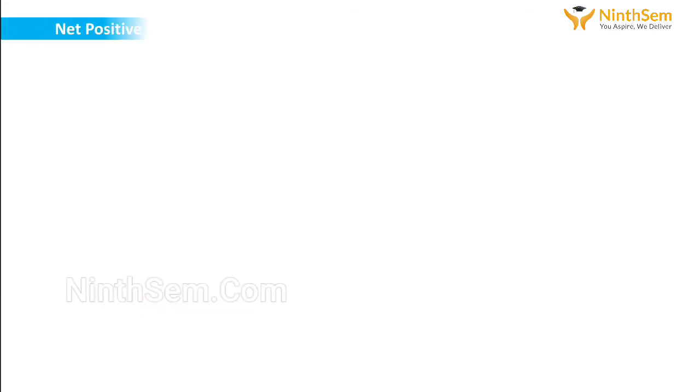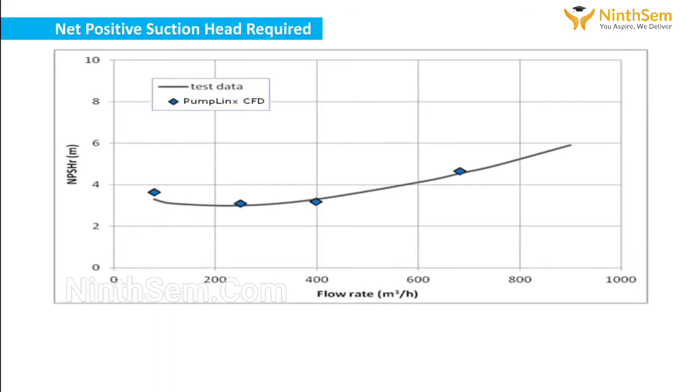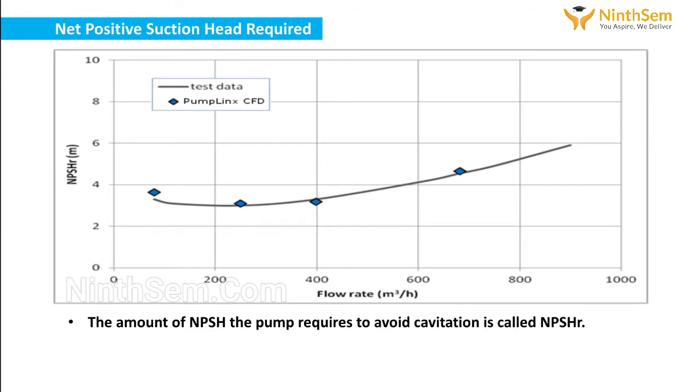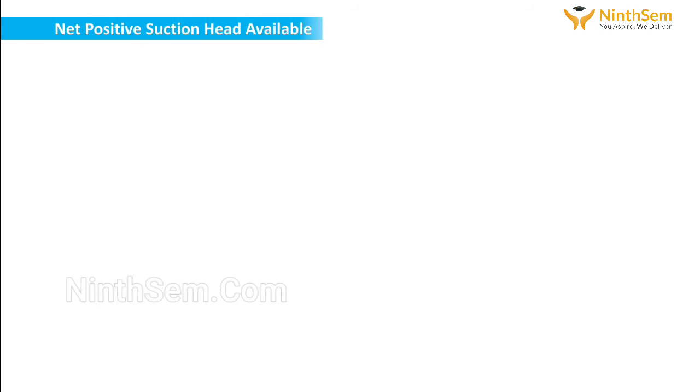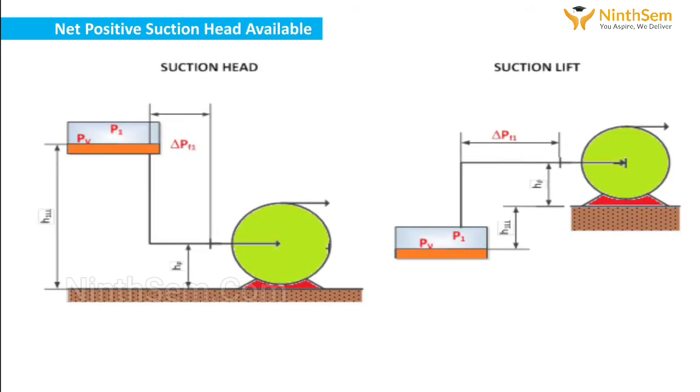NPSHR, net positive suction head required, is the amount of NPSH the pump requires to avoid cavitation. NPSH required is a function of the pump design and is determined based on actual pump test by the vendor.